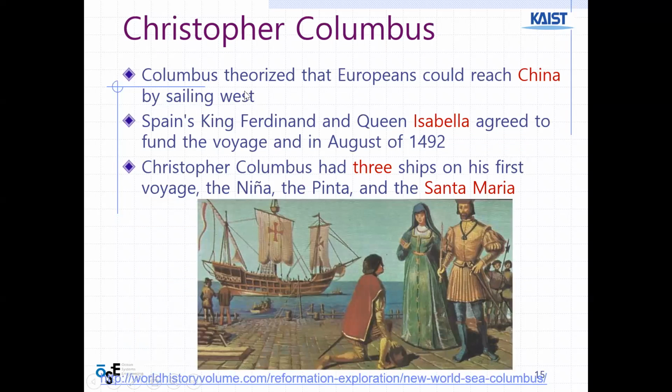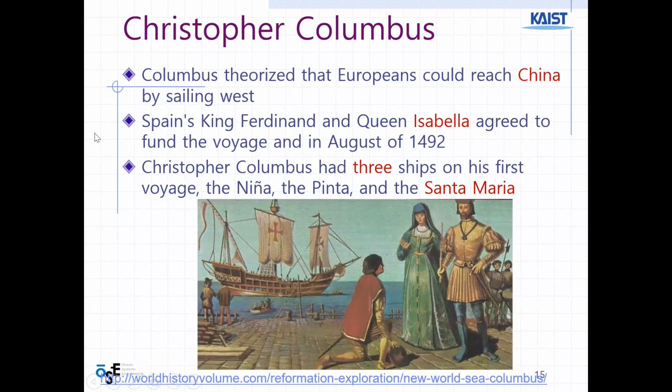So go west from Spain, and then he expected to arrive at China. But before that he arrived at America, right? This is the ship, the Santa Maria.